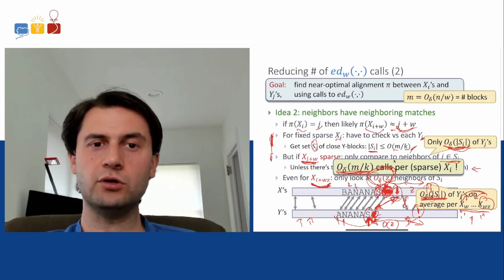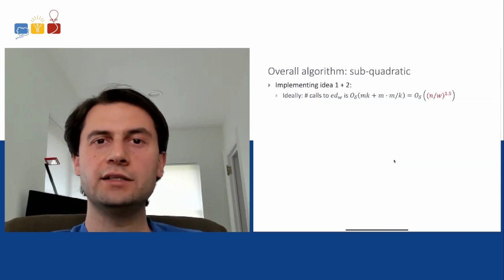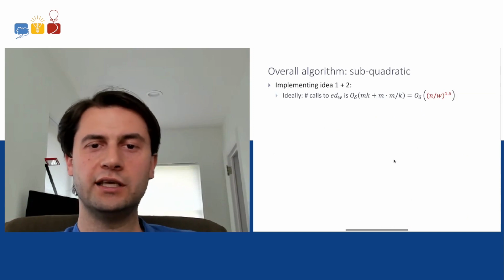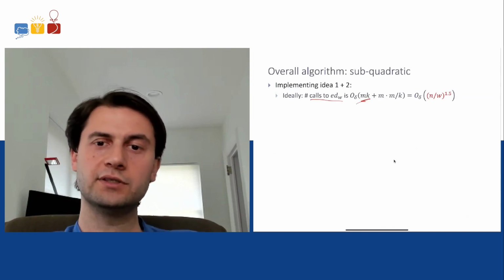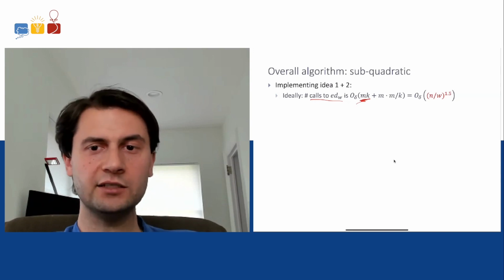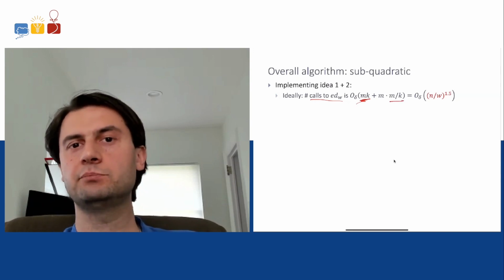Just to put all this together, implementing idea 1 plus 2. Again, we're counting the number of calls to the edit distance of strings of length W. From the first part, we said if we take K centers, the runtime will be MK. From the second part, on average, it's MK per block XI.